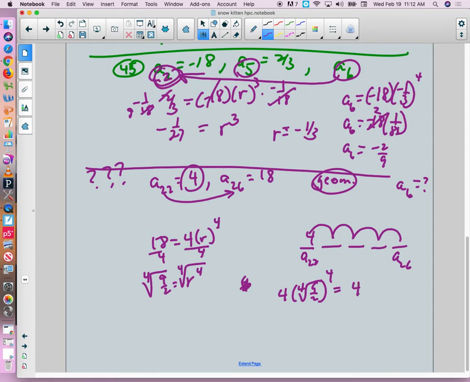Do you see what you would end up with? The 4th root of 9 halves to the 4th power would just be 9 halves. 2 goes into 4 2 times, and you would indeed get 18 for the 26th term. Now, what would we do about the 6th term, though? So let me pause, and let's get that number on our calculator.